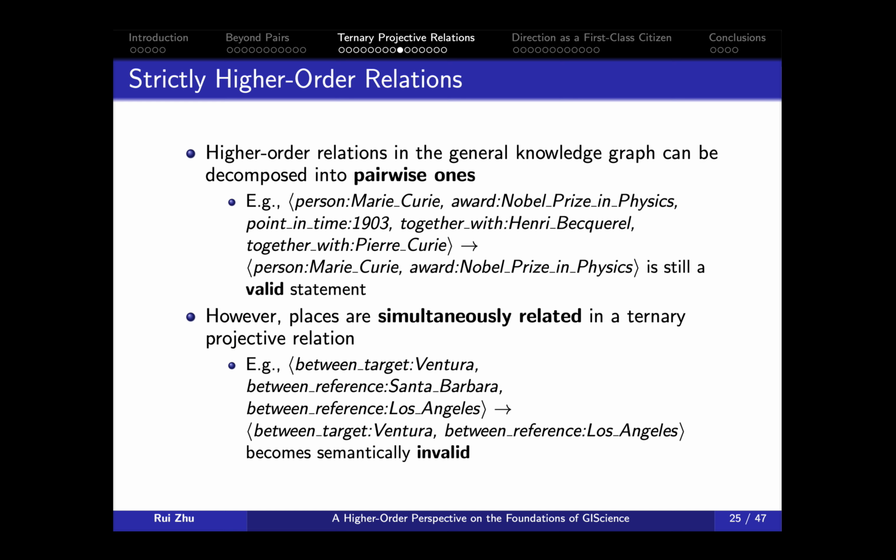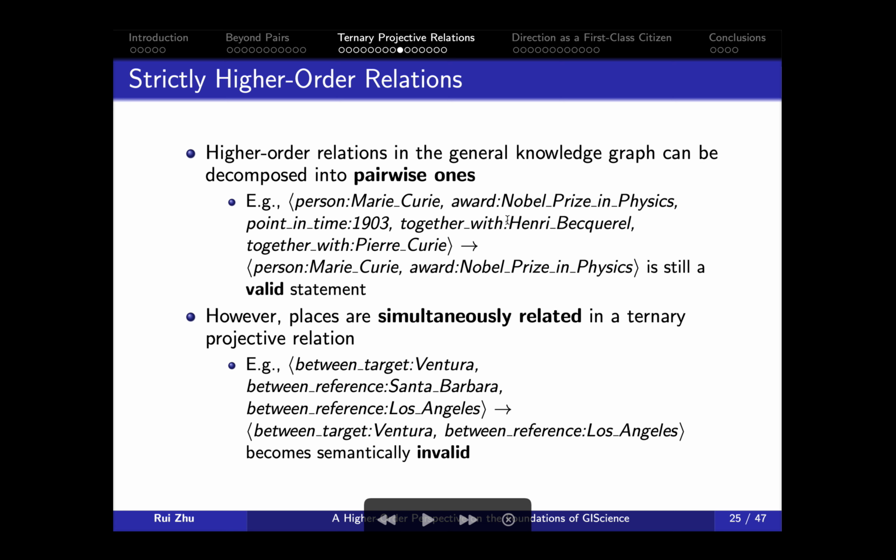First, ternary projective relations are strictly high order. To explain it, let's first see a general high-order relation. Marie Curie received the Nobel Prize in Physics in 1903 together with Henri and Pierre.